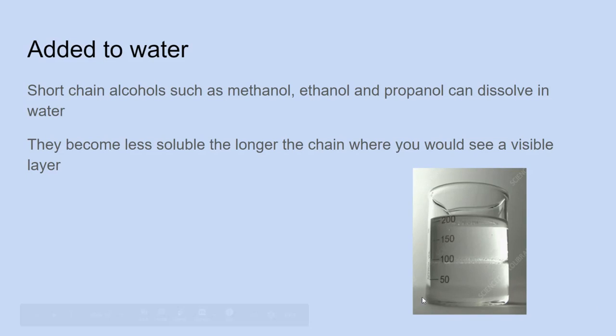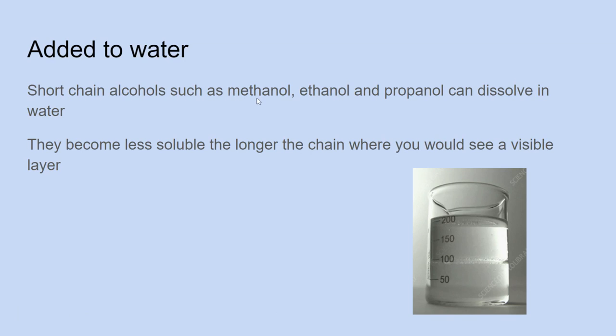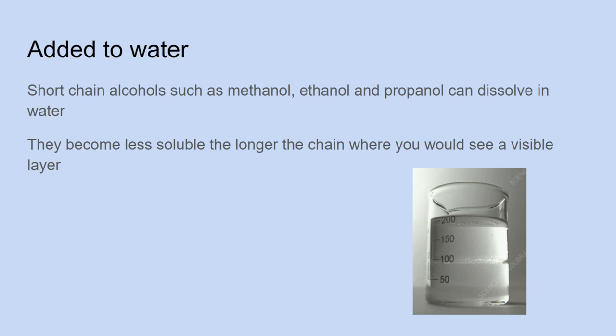So you end up with a visible layer. Now that visible layer can happen with the short alcohol chains like methanol, ethanol, and propanol if added to water, if you add a lot of it. So don't add water to any alcoholic drinks as you end up with a layer of water on the top. Okay?